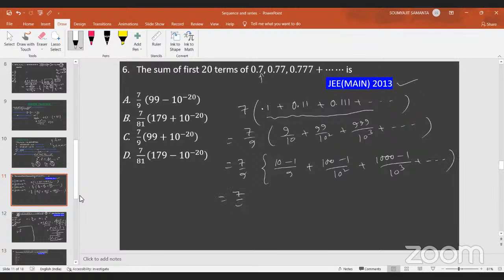So this is 7 by 9. 10 minus 1 means first we can write 10 by 9. Oh, sorry, this was 10.